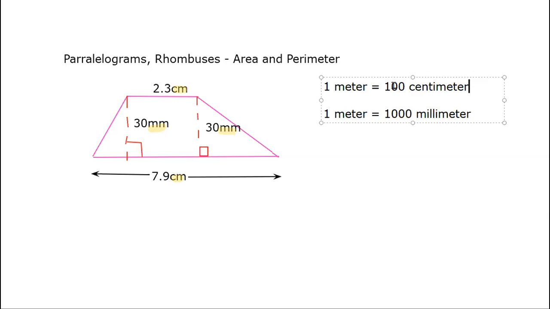Cent, 100 pennies in a dollar. That's why we call it a cent, because the prefix cent means 100. So there's a factor of 10. Do you see between centimeter and millimeter, we only add a 0? So 1 centimeter is 10 millimeters.